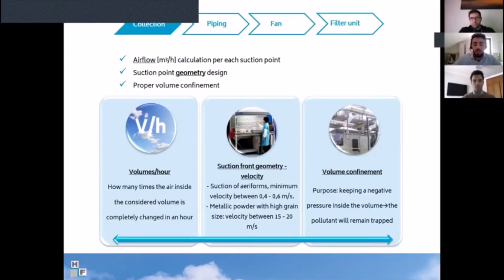We can do a very big suction front, like in this small picture, with dimension in this case 1 meter by 3 meters, more or less. In this case, we can calculate the minimum airflow. Keep in mind the minimum velocity that we have to guarantee on this area.